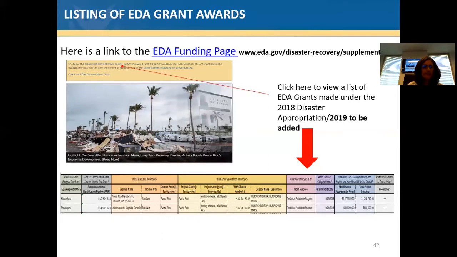The URL is up there. You may be interested in seeing this particular link. We have a table of the grants that we have made through the supplemental. Right now it's limited to the 2018 granting. As we give out grants on the current supplemental, we'll include those. And this table is updated periodically, so it may not have the latest grant.